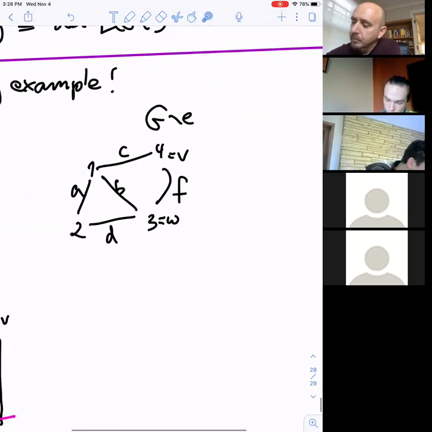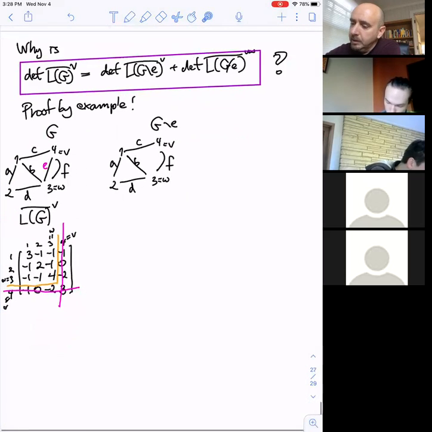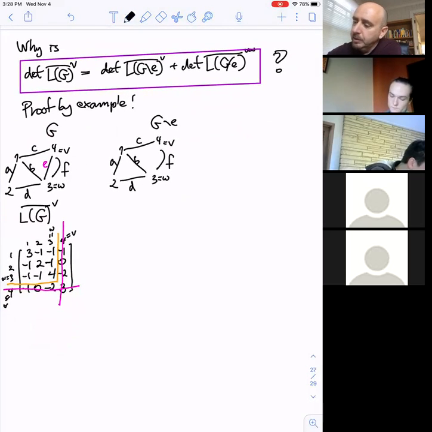Good. All right. And then let's also draw G with E contracted. And this is the one where I have to squish together vertices 3, 4 to make the super vertex 34, which is really my vertex VW. So let me do that.